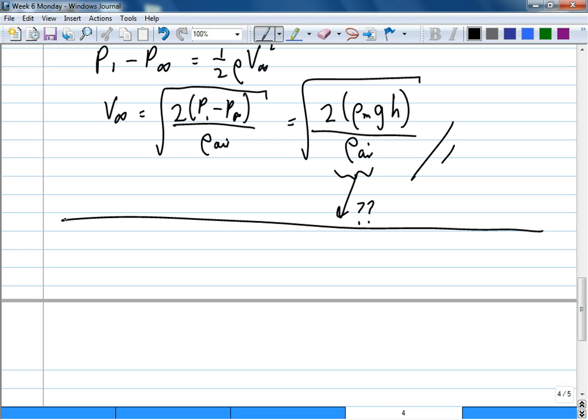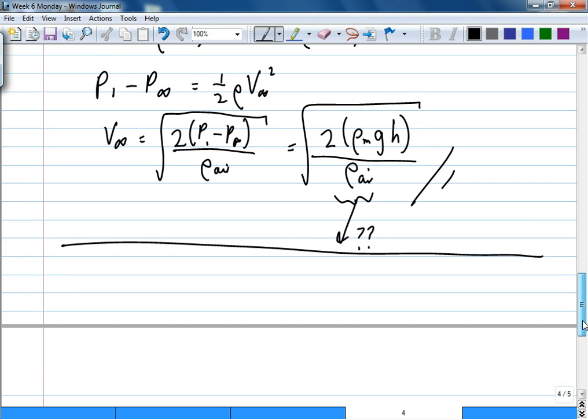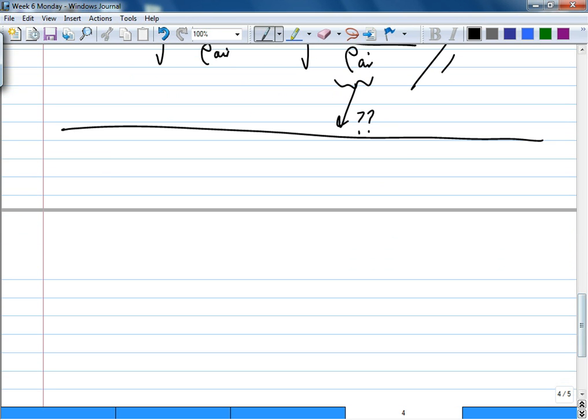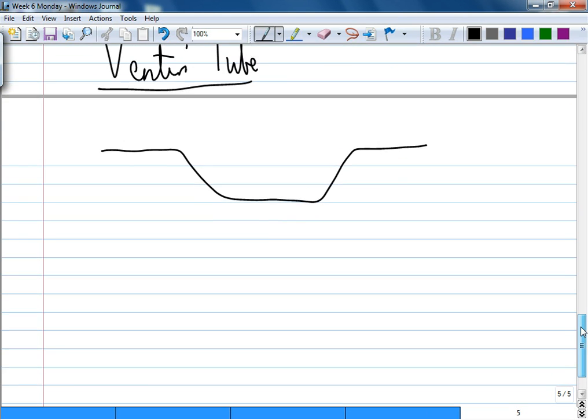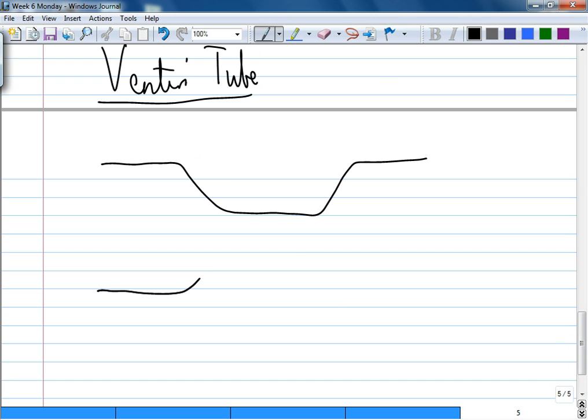Alright. So the next device is a bit more complicated. Also measuring pressure. We call this a Venturi tube. You saw this in the lab, isn't it?